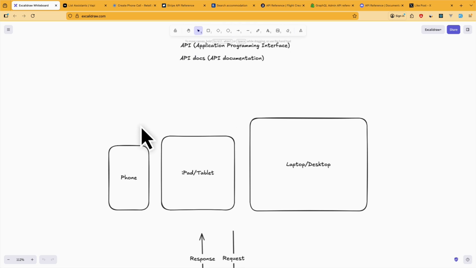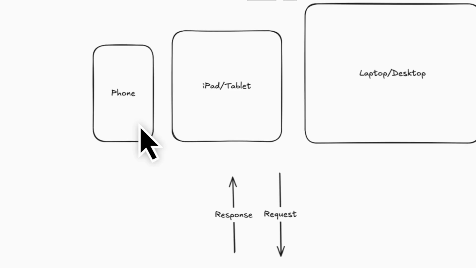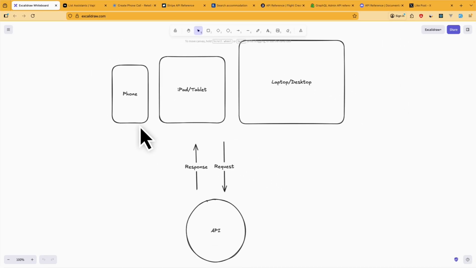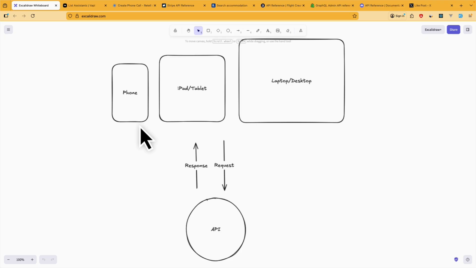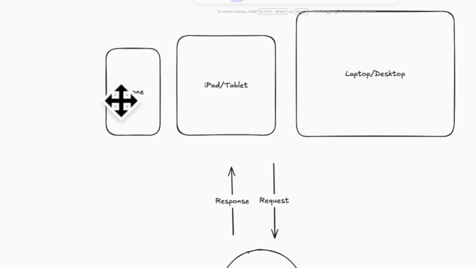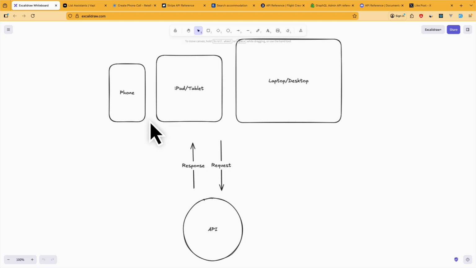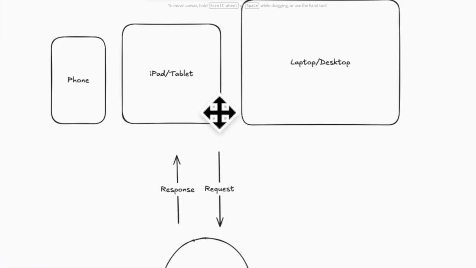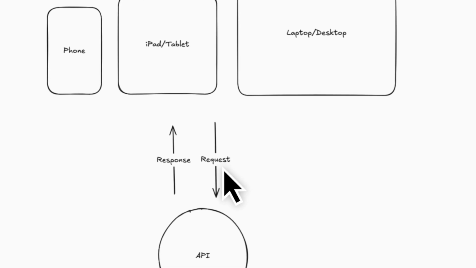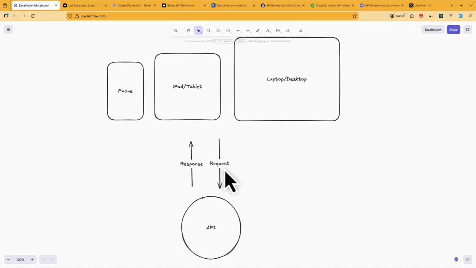So, the API basically is the server that we send and receive the data from. For example, when you log in, you send your username and password, and this is being sent to the server. Anything being sent to the server is the request. We send a request containing, for example, the username and the password, and we send other details as well. We're gonna see this in action later on.